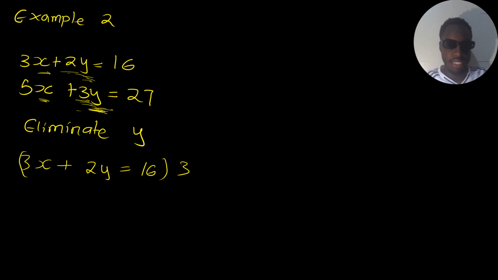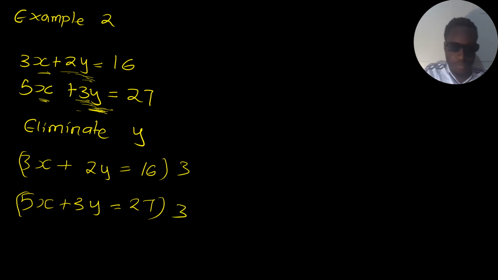Then we multiply the second equation by 2, such that when we multiply 2 by 3, we get 6.